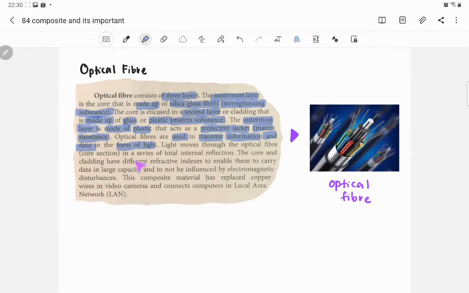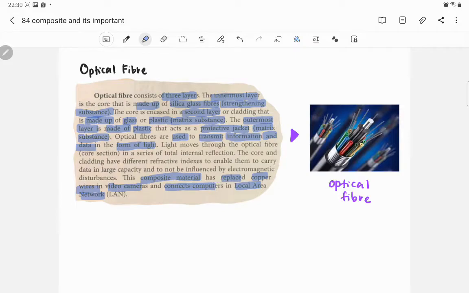The core and the cladding have different refractive indices to enable them to carry data in large capacity and to not be influenced by electromagnetic disturbance. This composite material has replaced copper wire in video cameras and in connecting computers in a local area network.